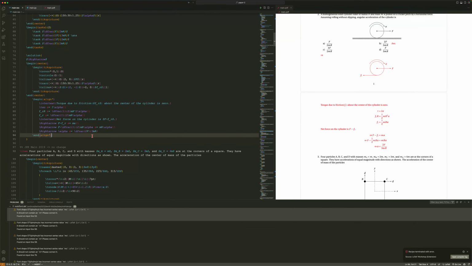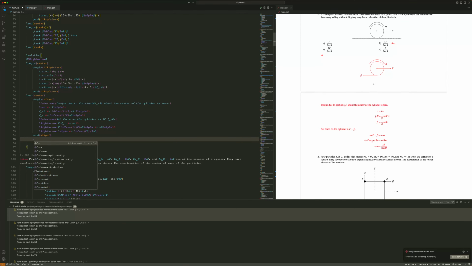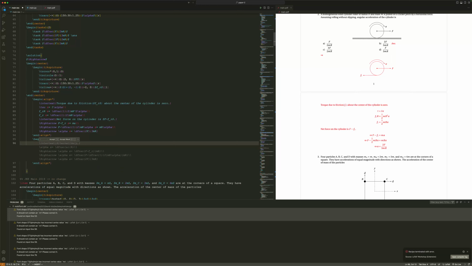Let's put it into another solution. So we can just say alternatively, using IAR, the instantaneous axis of rotation. Let's add a line and we will figure it out.